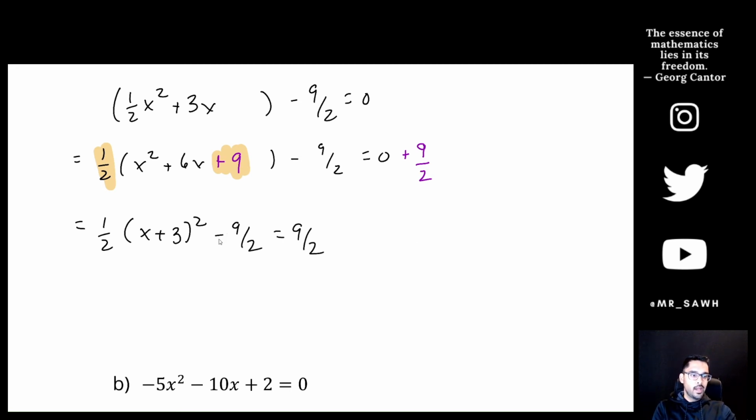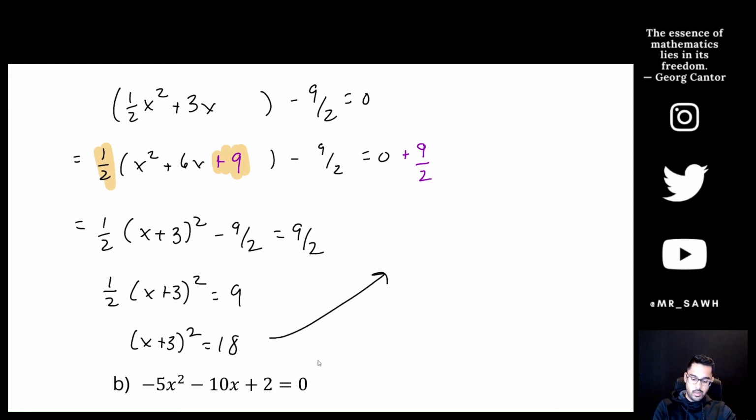And if I move my other 9 over 2 to the other side to start solving for this, that ends up being 18 over 2, which works out to just be 9. Multiply by 2 to get rid of your fraction, so that x plus 3 squared is equal to 18. Square root now.